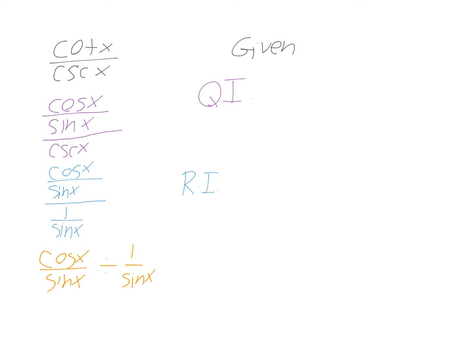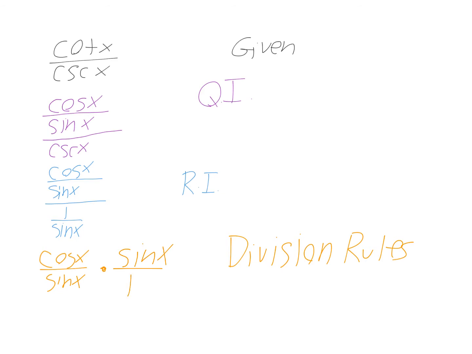And that's just from our division rules. When we're dividing fractions, we can also multiply by the reciprocal. So instead of dividing by 1 over sine x, I can actually just multiply instead by sine x over 1. So multiply by sine x over 1.